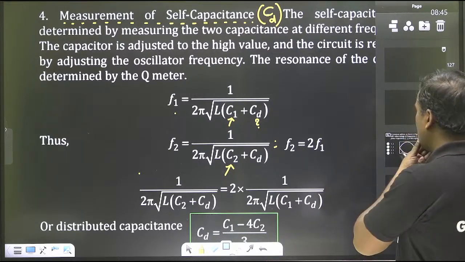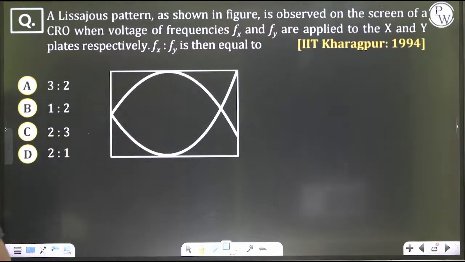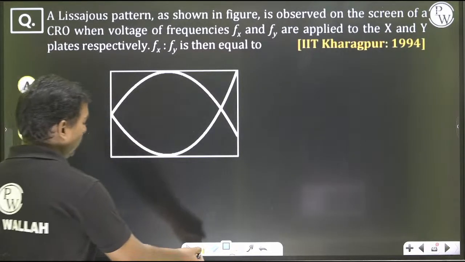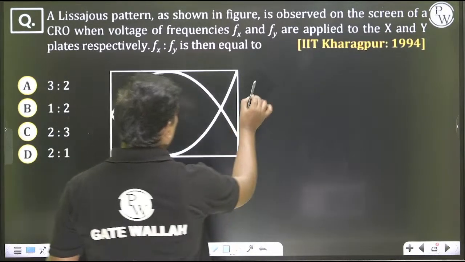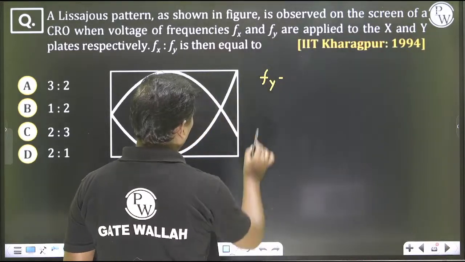Try to answer this question. This is an IIT Kharagpur question, a CRO question. Try to answer this. As I told you, you can take two methods. Fy by Fx.